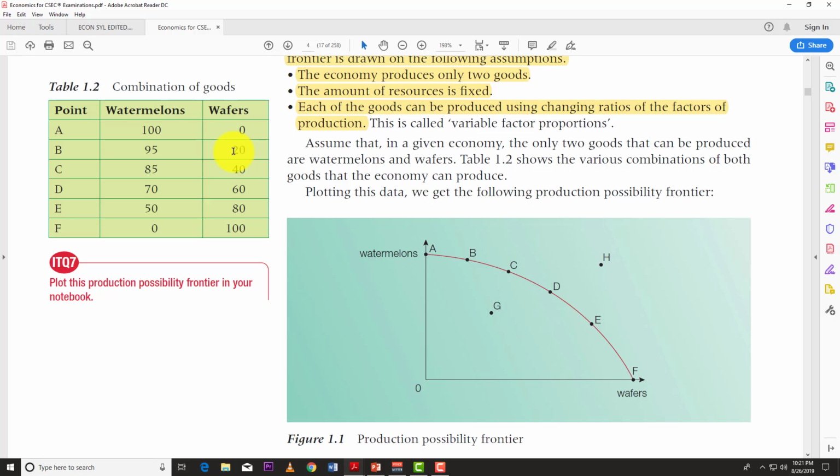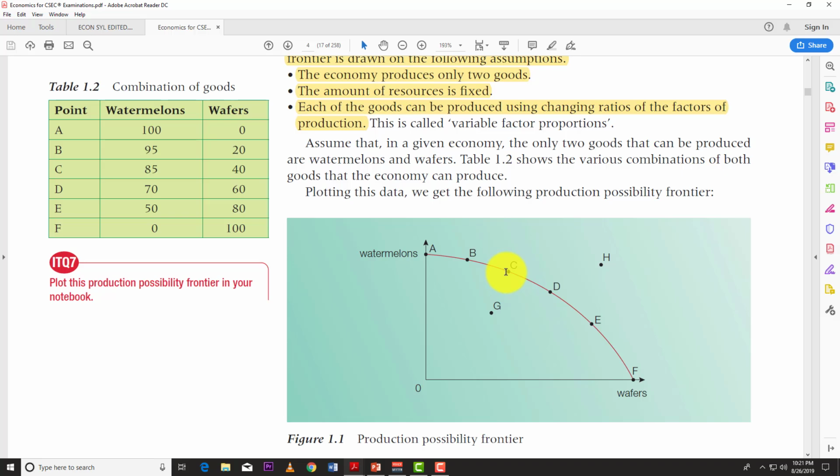They'll try some watermelons and some wafers. But if they do this, the resources are only enough to produce 95 watermelons and just 20 wafers.